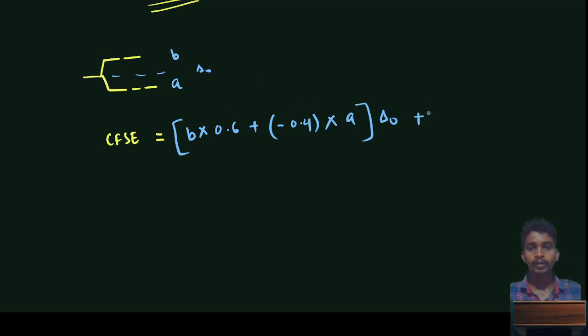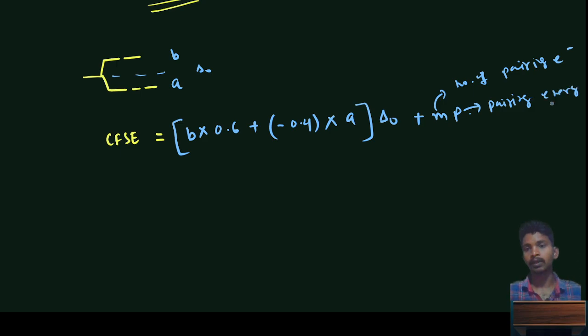Let's say the number of pairing electrons is M, and this is P, the pairing energy value, which is generally given, and the delta naught value is also generally given. If these are given, then we can calculate the CFSE this way.